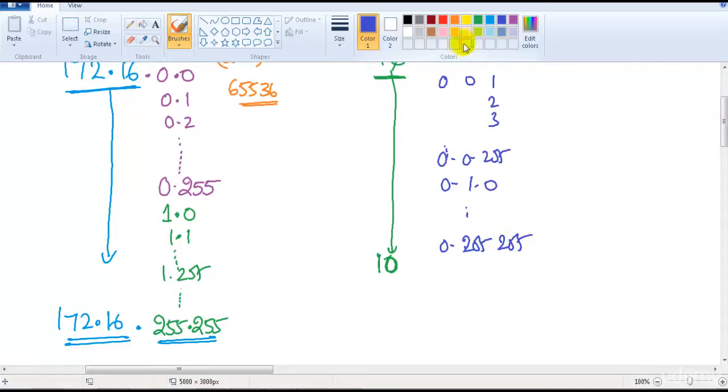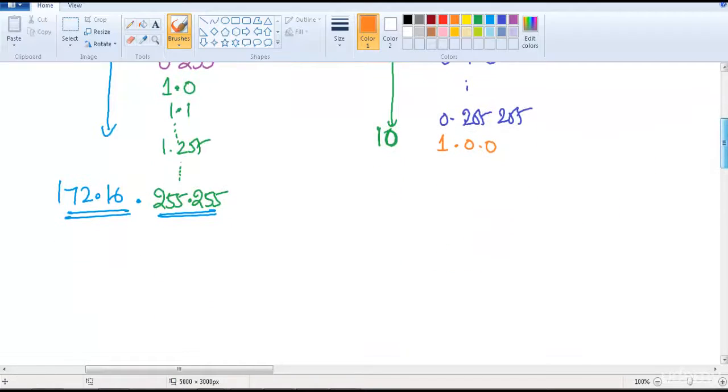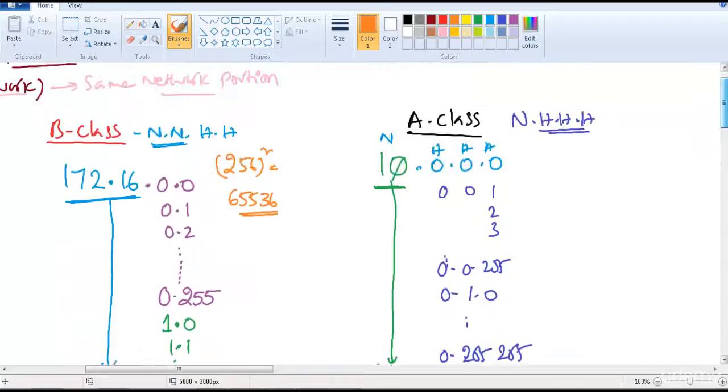Similar to B class, I can continue the same thing with 1 dot, and write everything with 1 dot. Maximum I can go up to 255.255.255. I'm not writing the complete range, but you have to understand how you write.